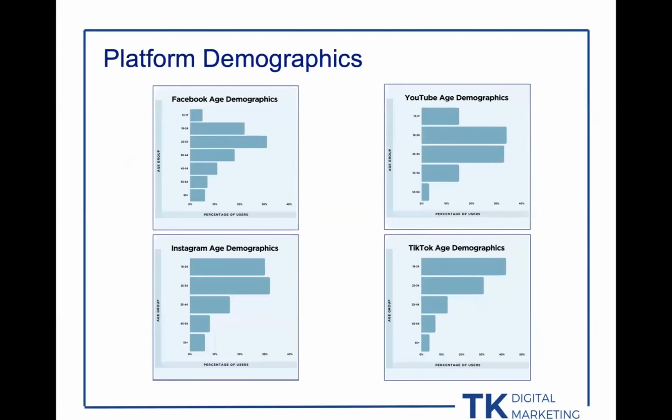Let's look at some platform demographics here real quick. We've got Facebook, Instagram, YouTube, and TikTok. Some of this data might not be that surprising. Facebook and YouTube do tend to skew a little older. TikTok, as you might imagine, is a much younger demographic. You can see the majority of TikTok users are 18 to 24.